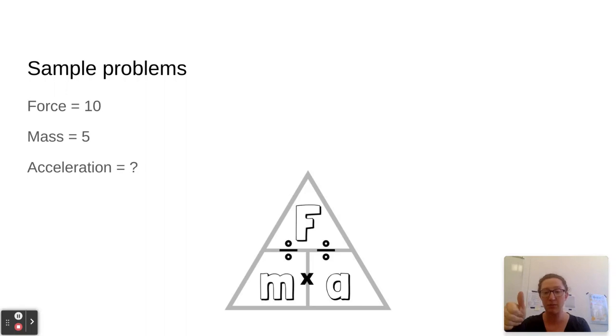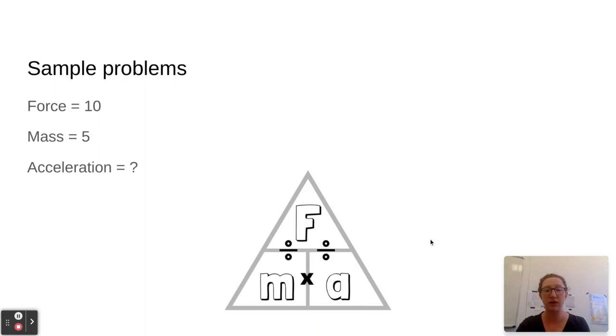So I'm going to put my thumb over the one that I'm trying to figure out. And that helps me figure out how to arrange my equation, force divided by mass. So I can say, okay, 10 divided by 5 is equal to an acceleration of 2 meters per second squared. Makes that math a lot easier for me to figure out.